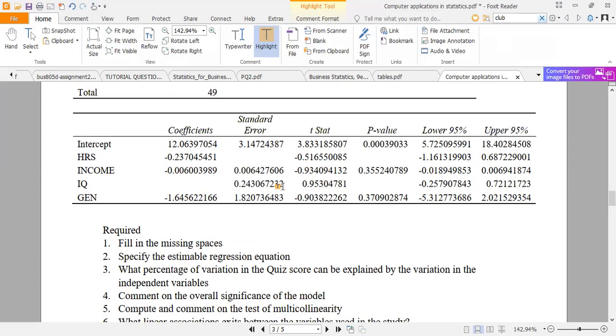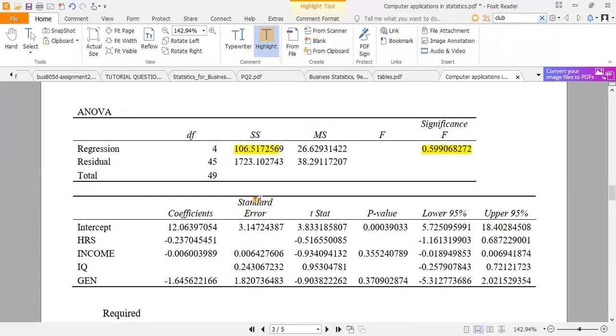Now let's come to the coefficient table itself. Here, what we are going to do is fill up the table. You see, there is no standard error for HRS. I've told you that beta coefficient divided by standard error, you get your T. You can try it: the beta coefficient, this figure, divided by this figure, you are going to get this figure.